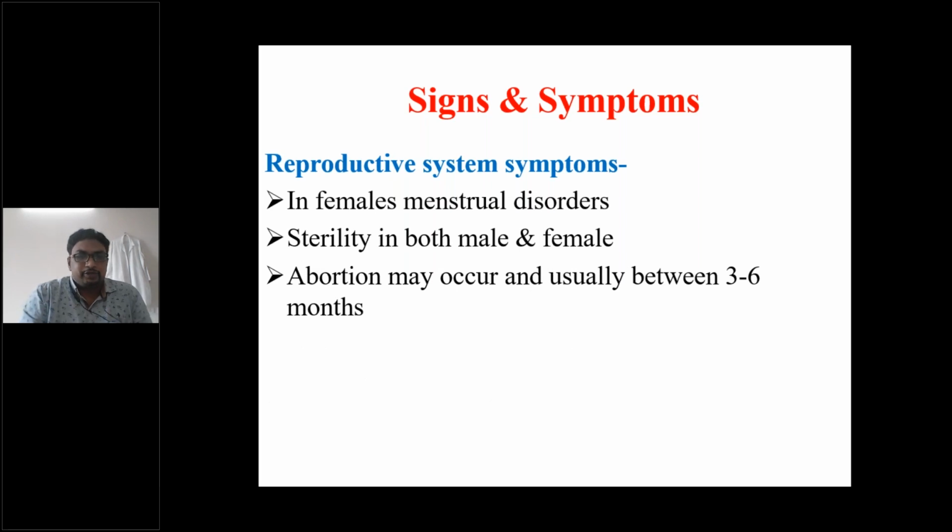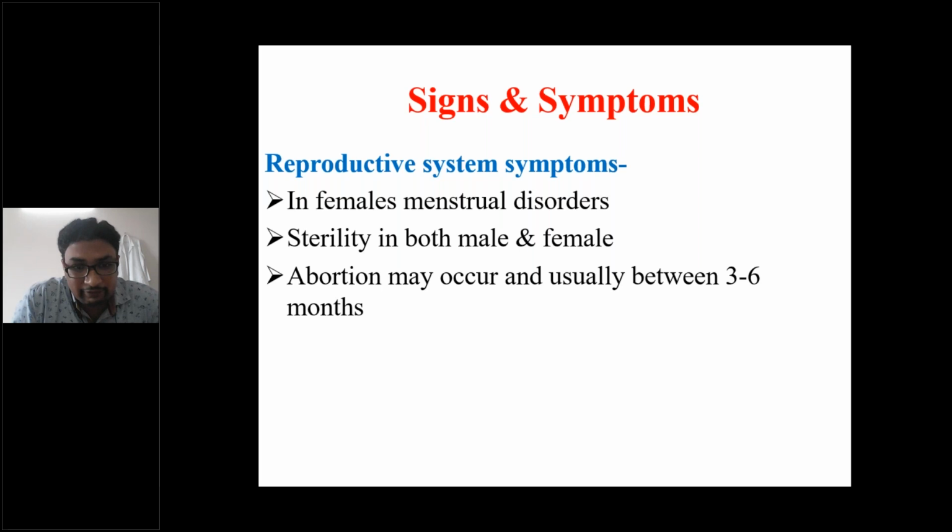Now the reproductive symptoms. So we know that lead affects the reproductive system. In females, it produces menstrual disorders. In males, it can produce sterility, and sterility can be seen in both males and females. Then menstrual disorders are seen in females, and abortion can be seen in females.